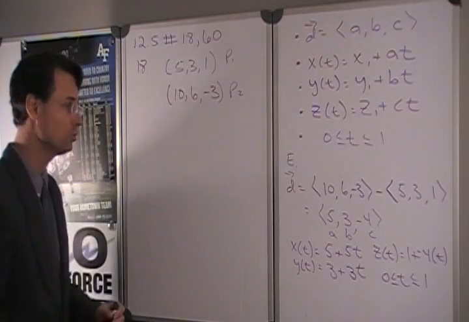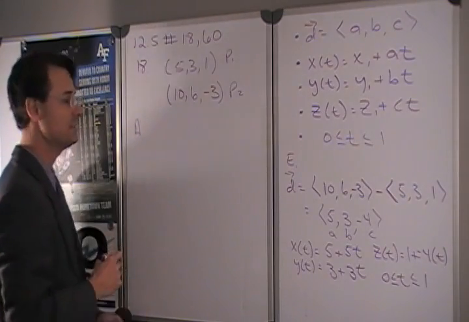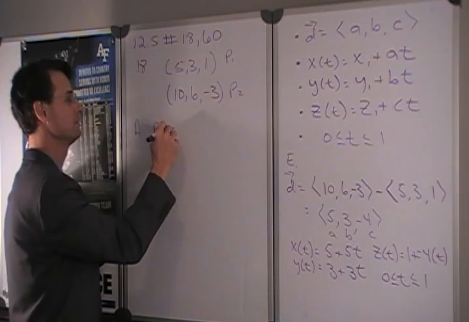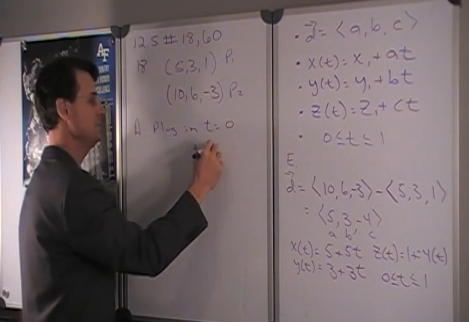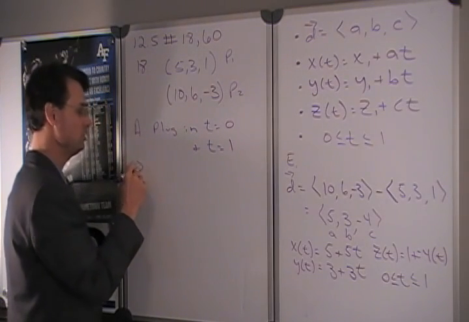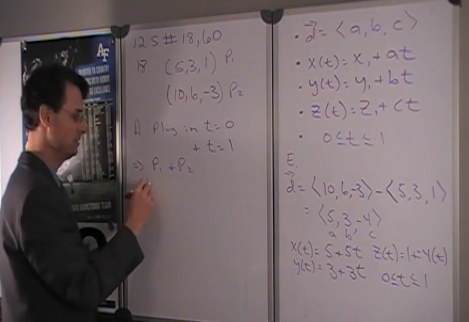And now let's zoom out for a minute and think about how we would assess to double check and make sure that our answer is correct. So to assess, let's plug in t equals 0 and t equals 1, and this should yield P1 and P2.